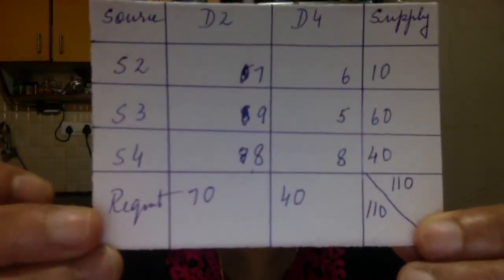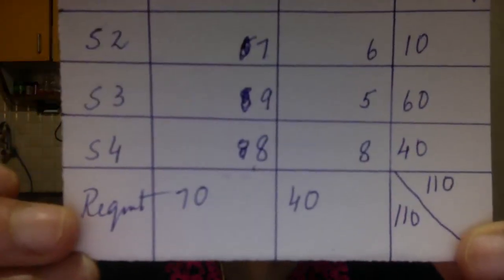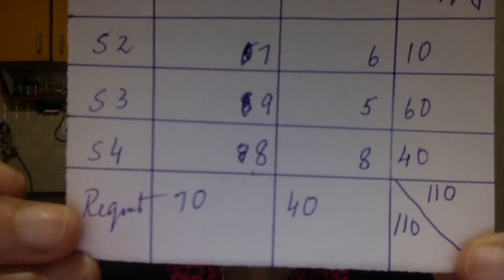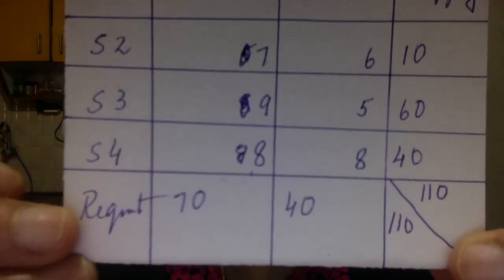And the supply figures are 10, 60, 40, total is 110, and requirement was 70 and 40. So this is our new matrix.